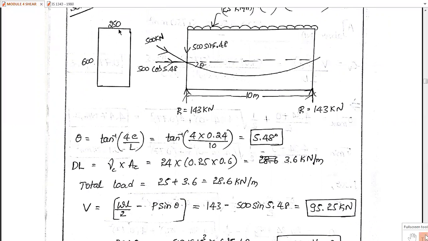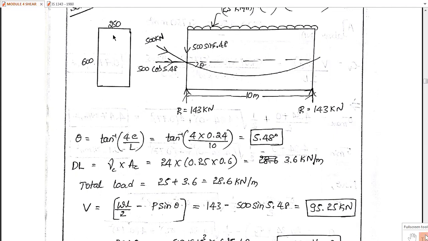Your 240 by 2 plus 60 will be the y bar, because we need to calculate the centroidal distance of the area to the centroidal axis of the section. 240 is the second case depth. 240 divided by 2 will be the centroid of the area.